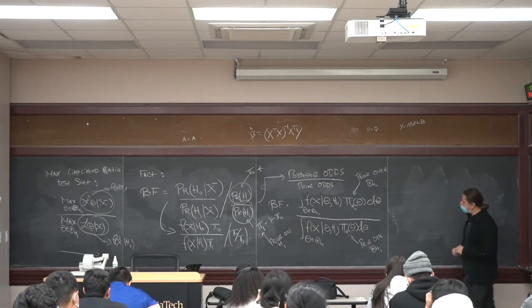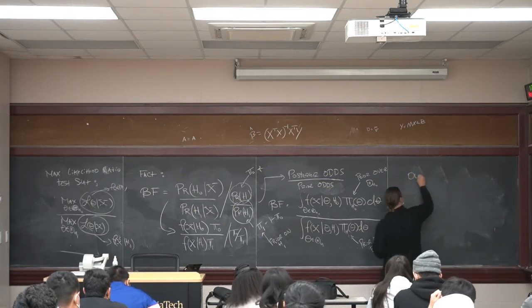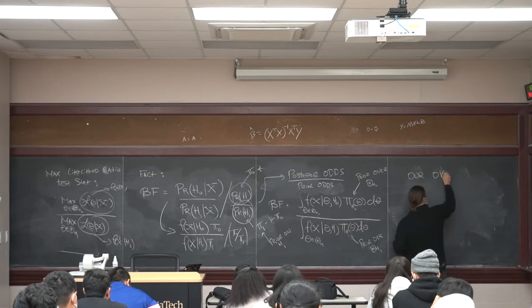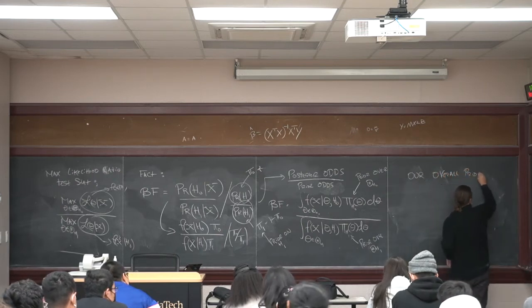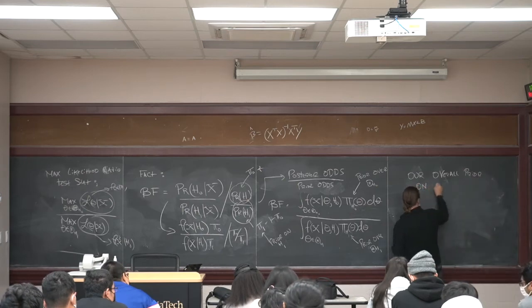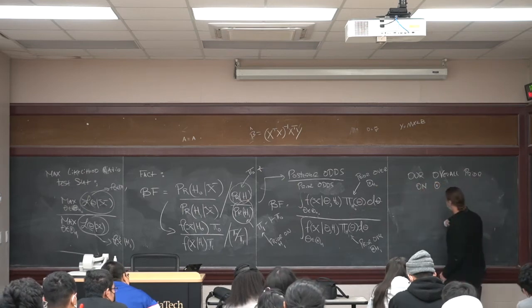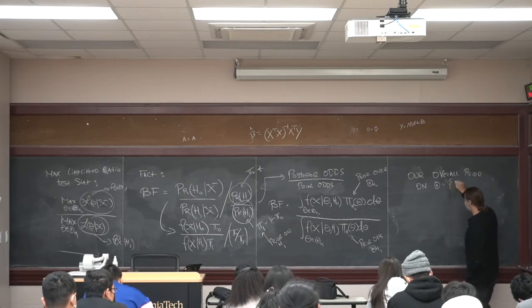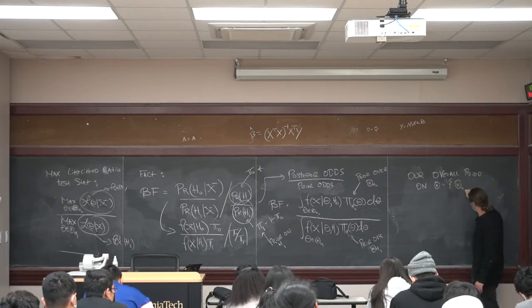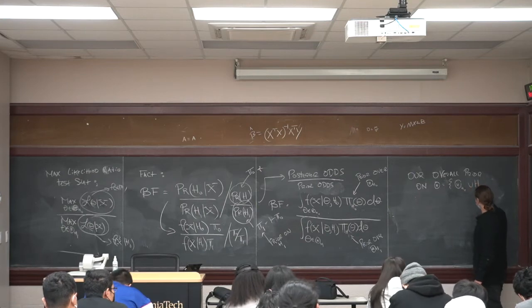I just want to write down our overall prior on theta, my entire space, which is going to be equal to the union of my two spaces.